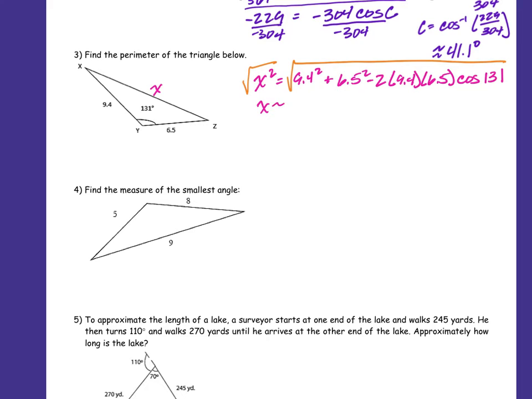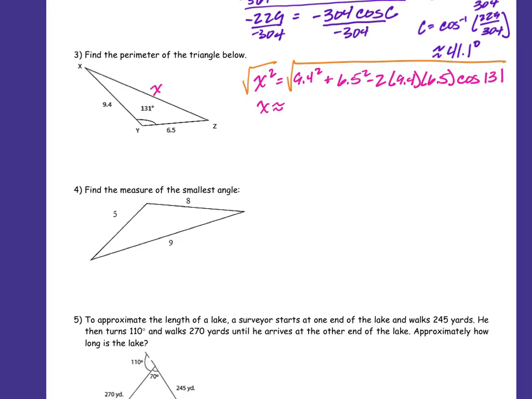So x is approximately going to be equal to, and I'm going to put that whole thing into my calculator. Oops, I forgot the square root. Let's try that again. Square root of 9.4 squared plus 6.5 squared minus 2 times 9.4 times 6.5 times the cosine of 131.